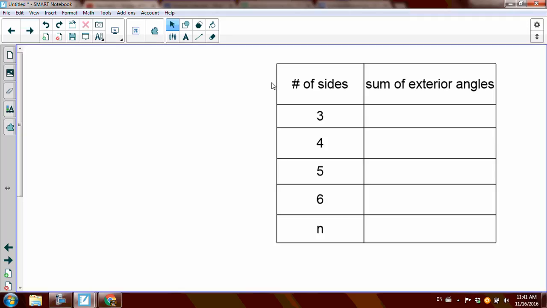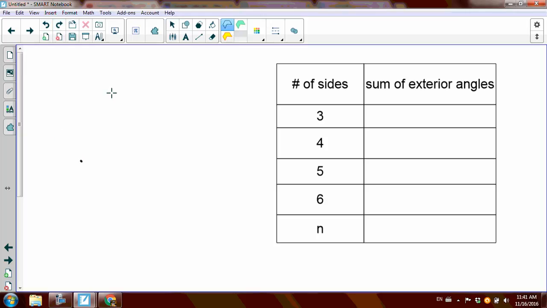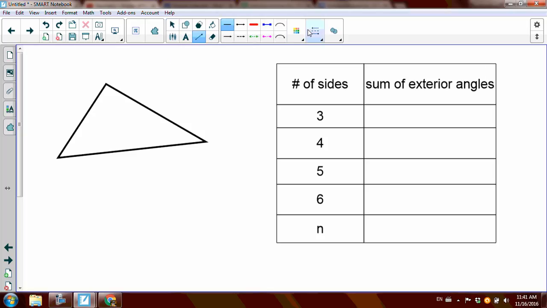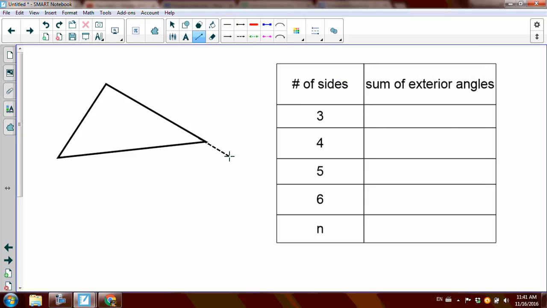Okay, now we want to investigate the sum of the exterior angles. And let's start with a triangle, irregular, just some arbitrary triangle. Okay, and the exterior angles, I'm going to form the exterior angles by extending the sides in pinwheel fashion.